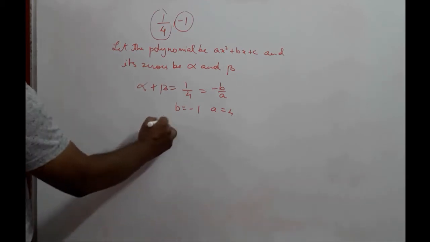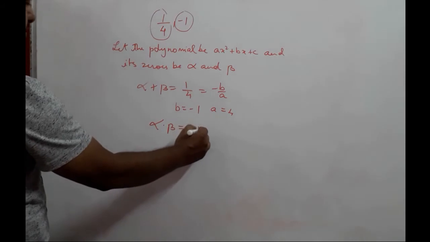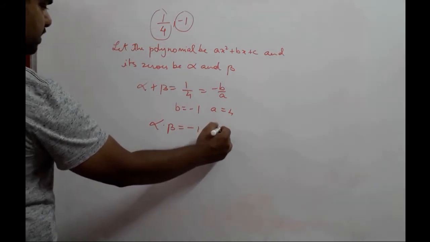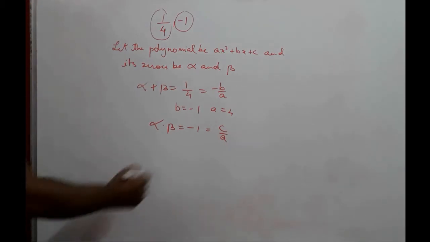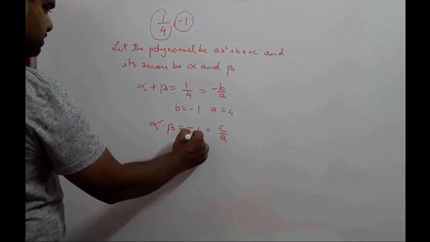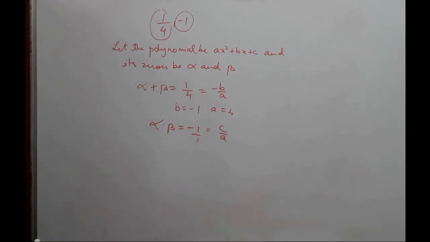Then we'll take alpha into beta, because this is also given to us, is equal to minus 1, and we know alpha into beta is equal to c upon a. So this we can easily take as minus 1 upon 1.